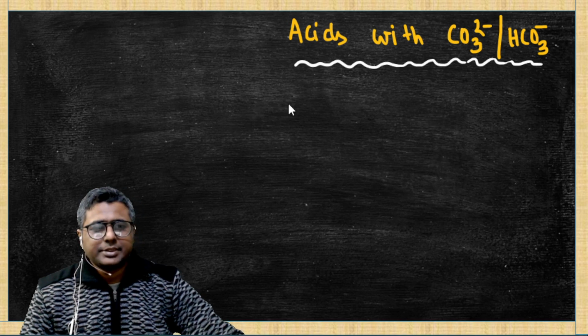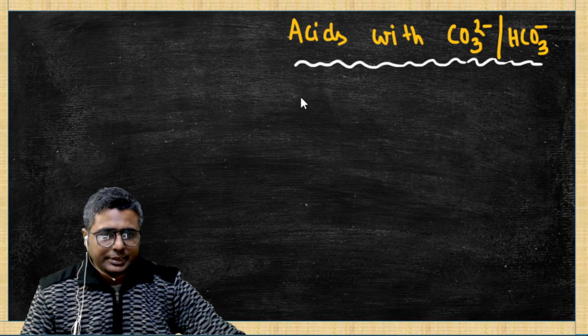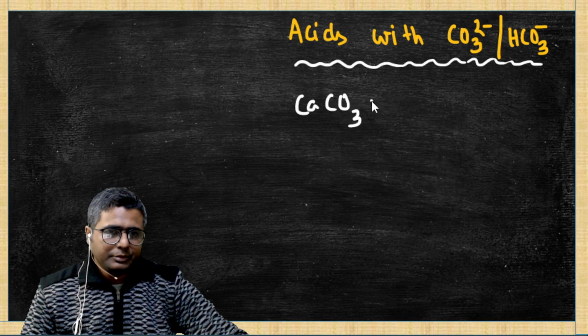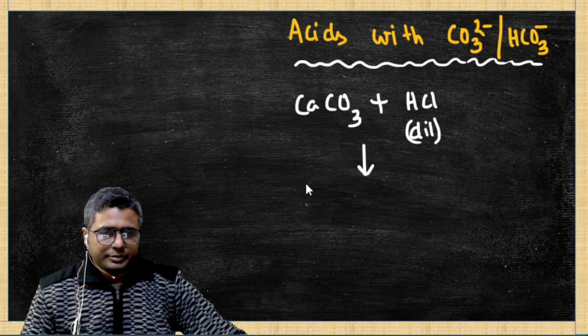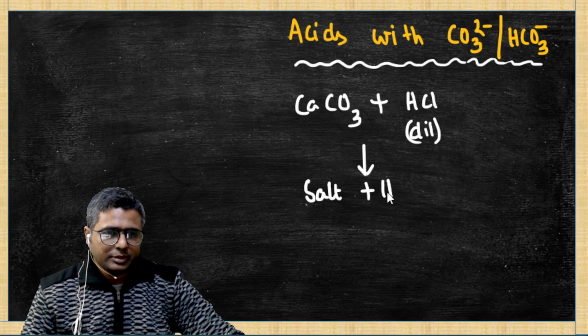What happens if any carbonate reacts with an acid? I am taking a very simple carbonate, calcium carbonate. When it reacts with dilute HCl, it gives salt plus water plus carbon dioxide.